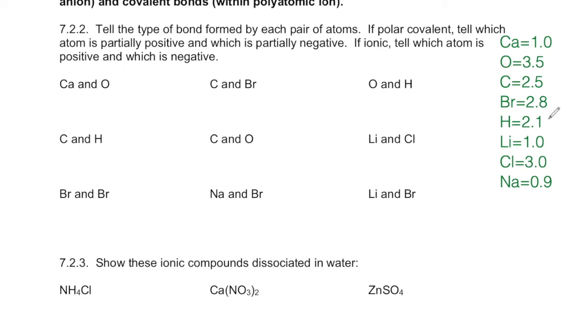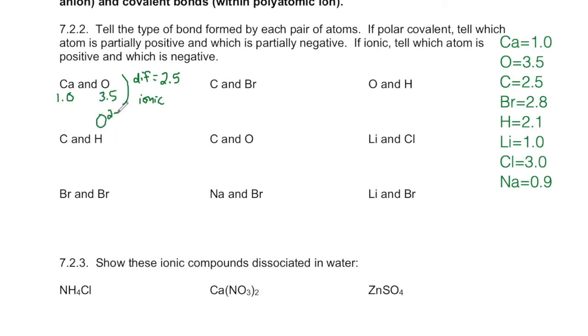So I've written some electronegativity values over here on the side from that chart in your textbook. We already know that calcium and oxygen, we have a metal and a nonmetal, so they form an ionic bond. This is borne out in the difference in their electronegativities. It's a very significant difference over that 1.9 guideline for ionic compounds.